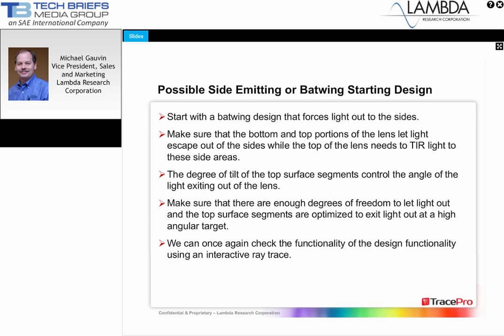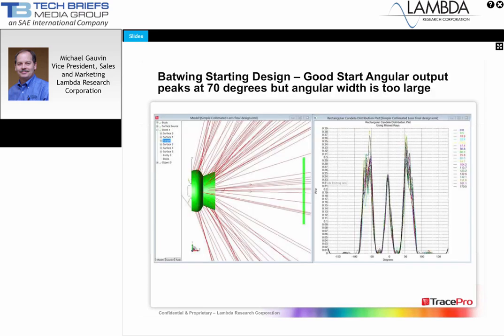And so we have to make sure there's enough degrees of freedom to let that top surface flex to give us the angular output we want. And once again, we can use the interactive ray trace to give us a really good starting design, which you've seen. And then we can use the full program to output the full angular emission and show us what that output looks like.